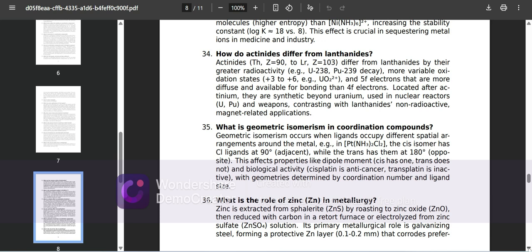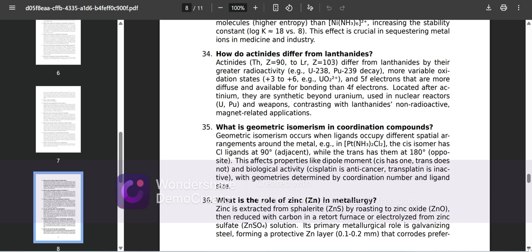Example: UO2 2+. And 5f electrons that are more diffuse and available for bonding than 4f electrons located after actinium. They are synthetic beyond uranium, used in nuclear reactors, uranium, plutonium, and weapons, contrasting with lanthanides' non-radioactive magnetic applications.